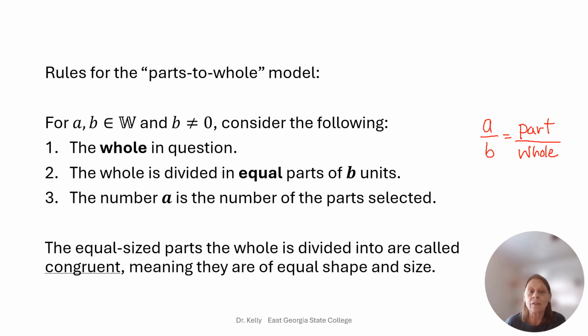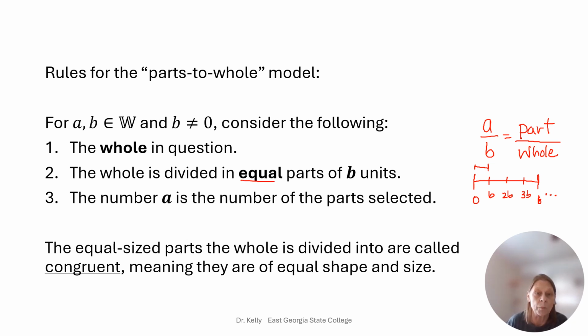Also, the whole is divided into equal parts of B units, like every little unit. So if we have our whole here, whatever this is here is the length of B. The next one would be 2B, and the next one would be 3B, going on and on. We don't really know what this number is, I'm just giving an idea here.